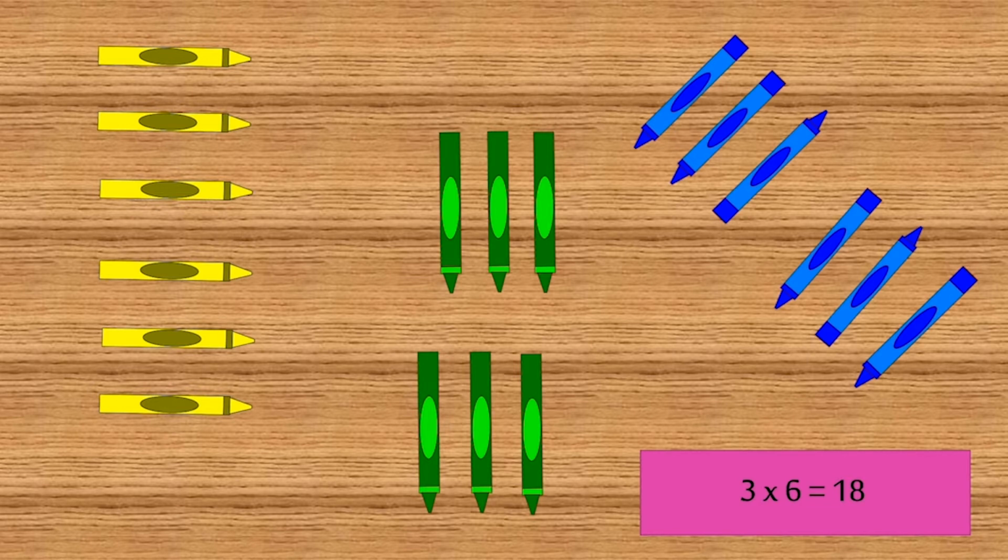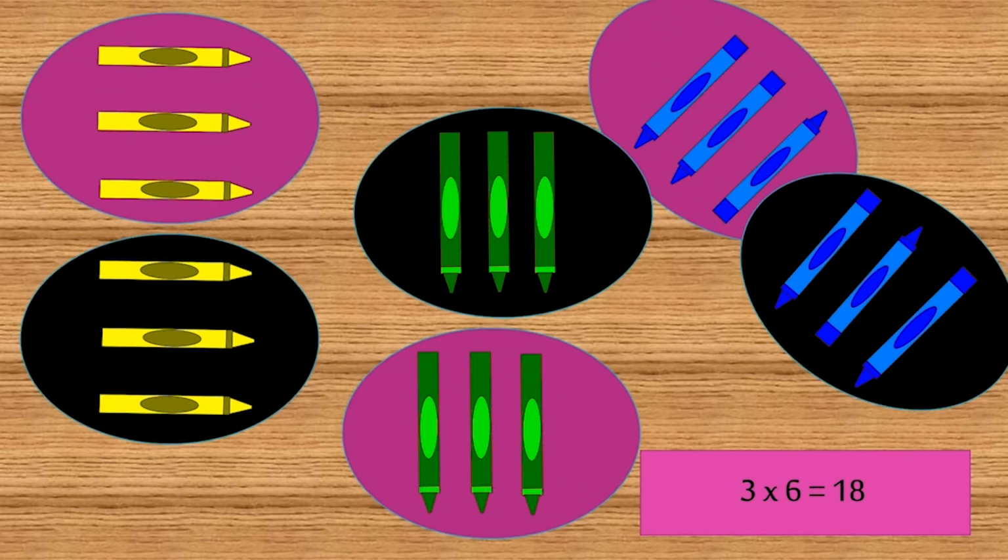If I asked you to divide my crayons into 6 equal groups, how many crayons would be in each group? Remember that there has to be the same number of crayons in each group. Fantastic! If I had 6 equal groups, there would be 3 crayons in each group.